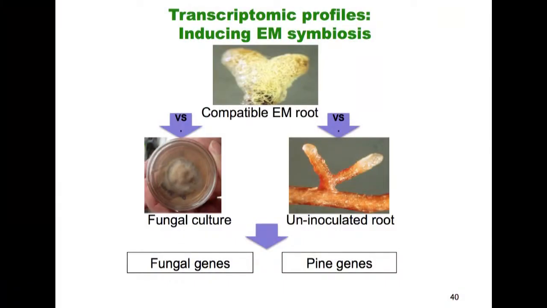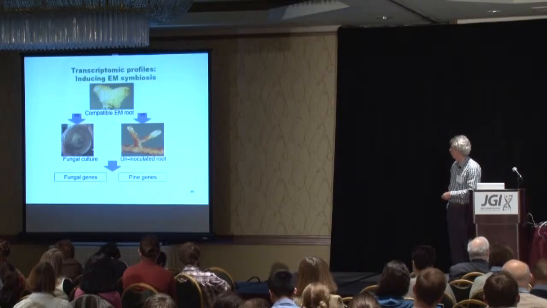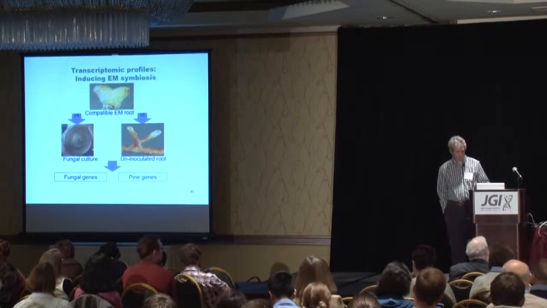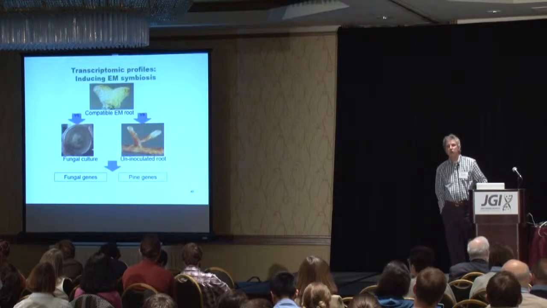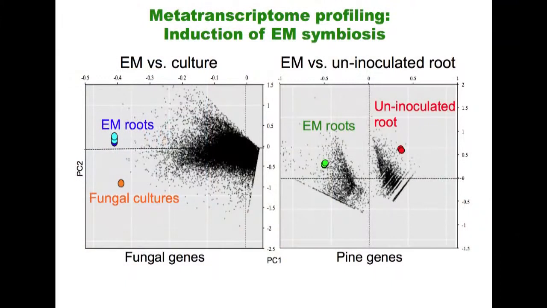So I'm just going to show you 3 more slides here depicting what kinds of patterns we observe. The first type is, how do we know that we're getting symbiotic interactions? So we can compare the compatible roots with the uninoculated control roots, and we can also compare the fungal cultures of the fungus grown in isolation in order to see what those transcriptomic profiles are like.